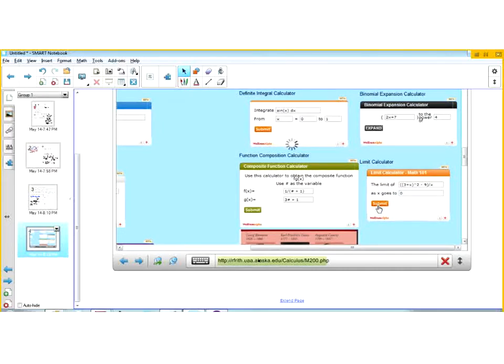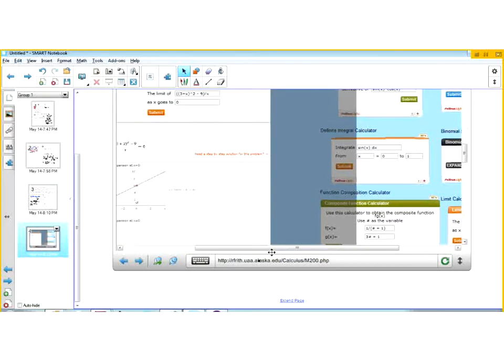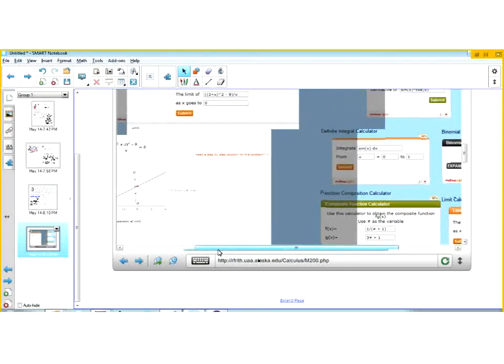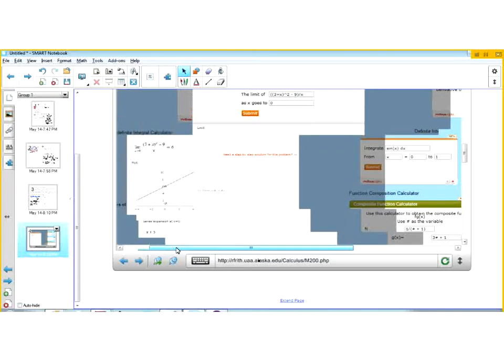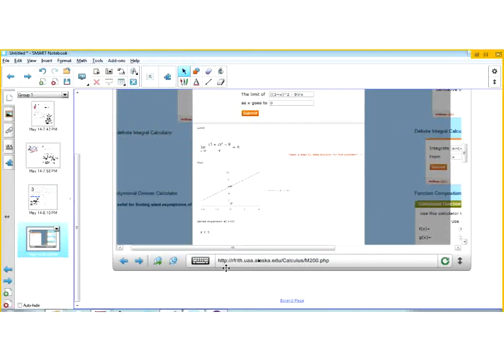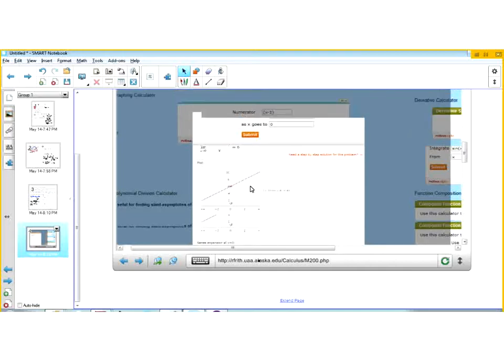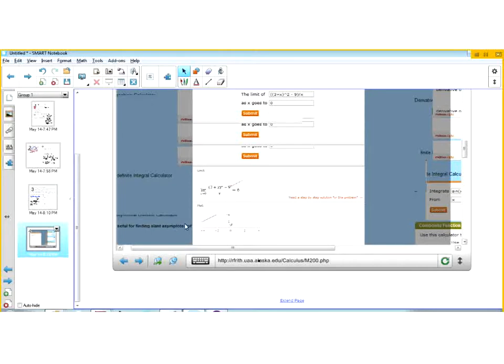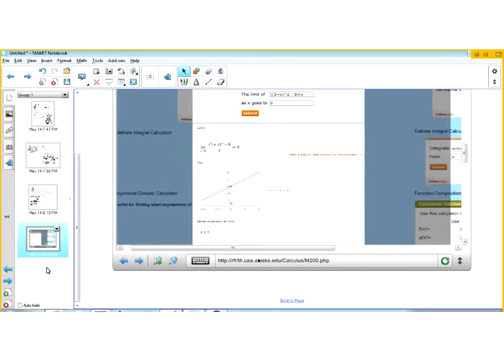And we hopefully will get 6 as an output. And sure enough, we do. And it looks like they plotted the graph, which is almost a straight line. So yeah, you can actually work some of these limit problems using the calculators on the class website.